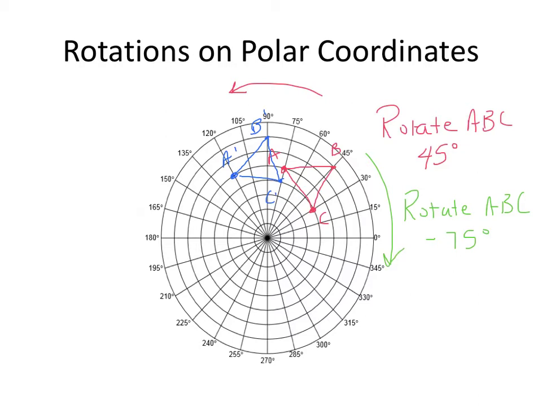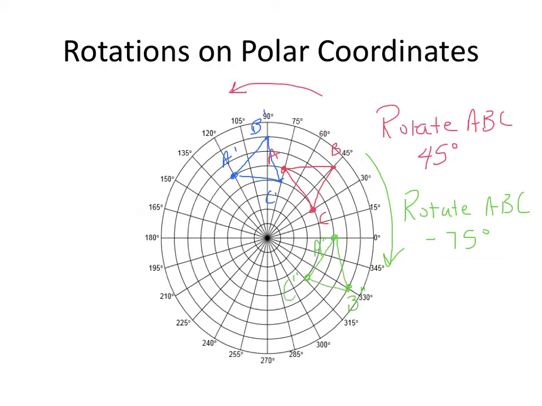And so 15, 30, 45, 60, 75, that's a total of 5 measurements away. So point A is going to be 1, 2, 3, 4, 5. So A double prime will be here. B 1, 2, 3, 4, 5. B double prime will be here, and C 1, 2, 3, 4, 5. C double prime will be here.